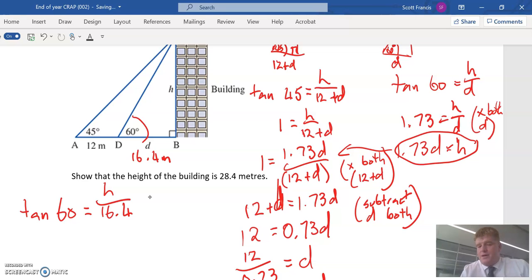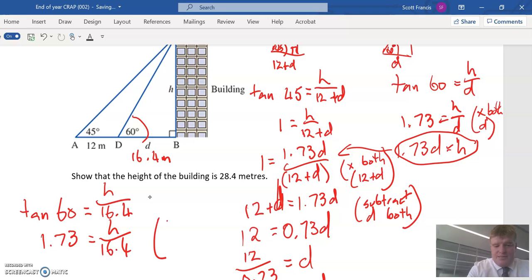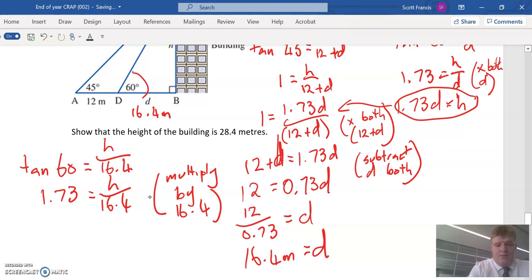Tan of 60 equals 1.73, so 1.73 equals H divided by 16.4. To get H by itself, we multiply both sides by 16.4, so 1.73 times 16.4 equals H.